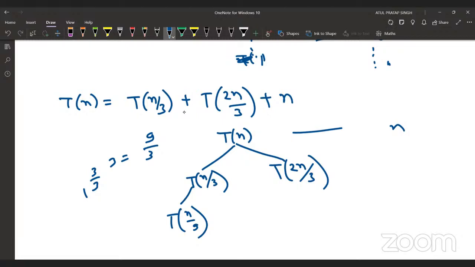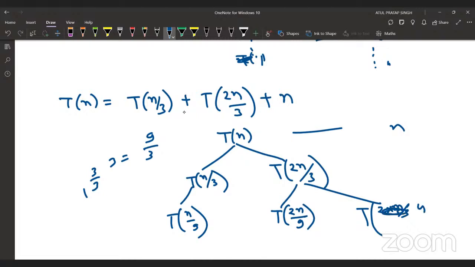So the depth we consider is from this main part. We divide the same way again. Now the total number is 2n by 3, so T(2n/9), and this will become 2 into 2n by 3 into 3, so 4n by 9.